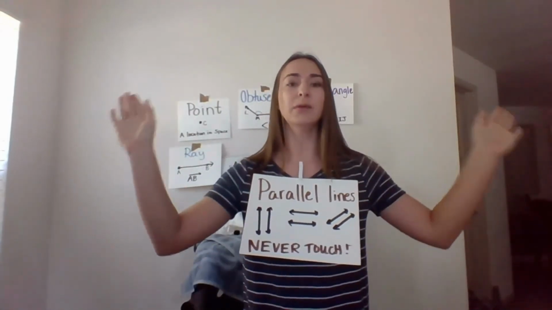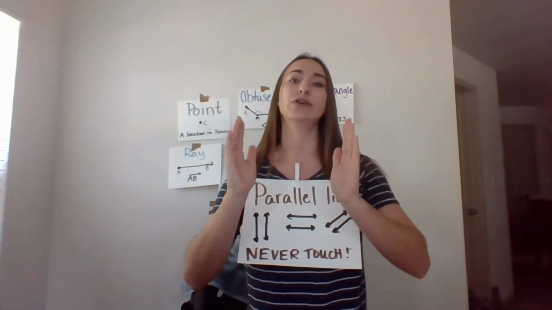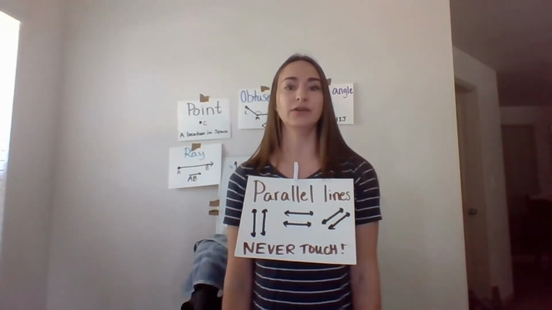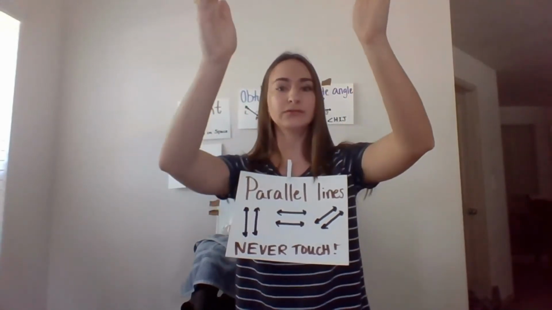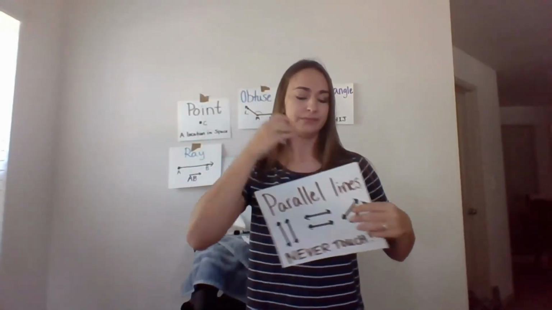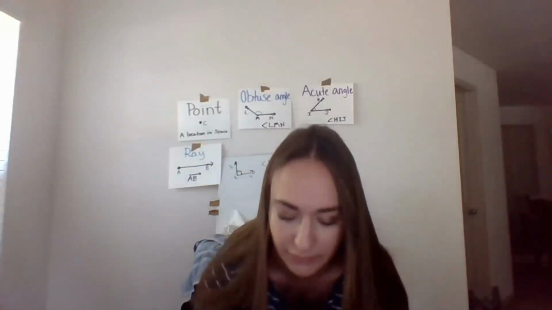That's the only thing you've got to remember: there are two lines that are never going to touch. They just go straight through, forever and ever. And we can show parallel lines like this, or like this. Make sure they don't look like they're going to touch.